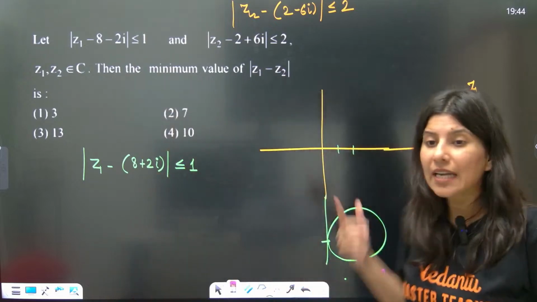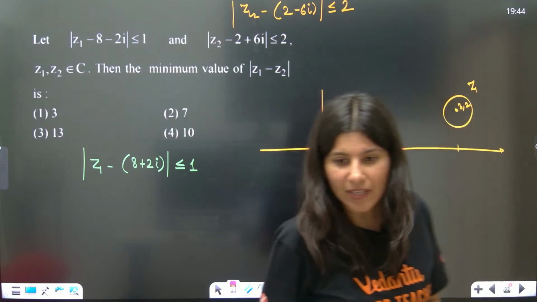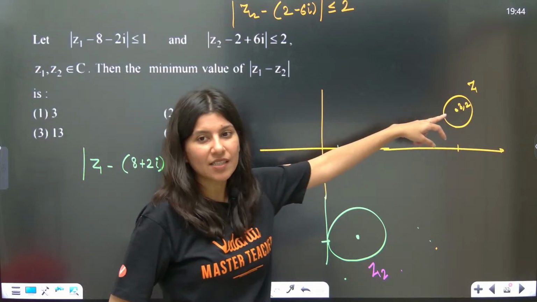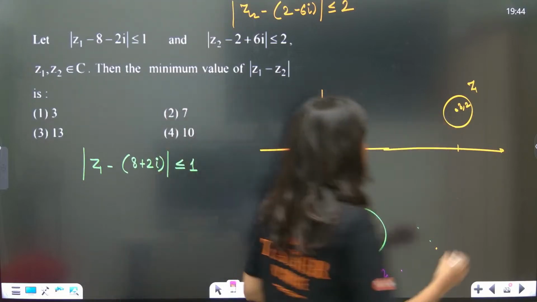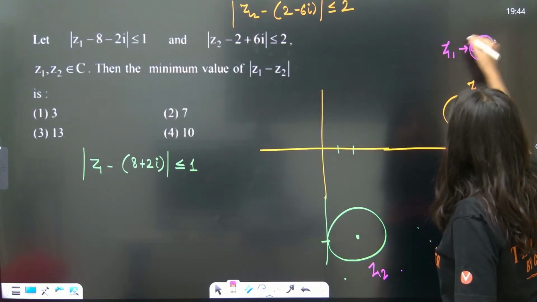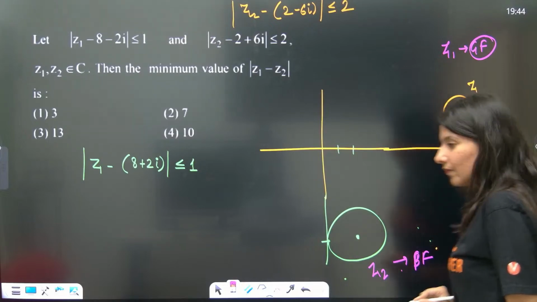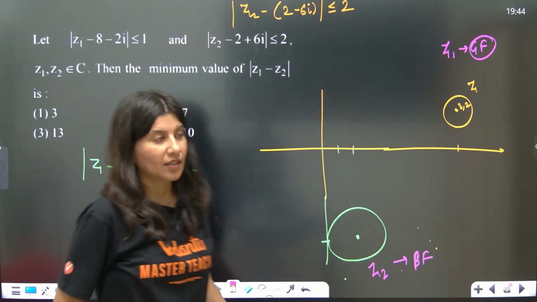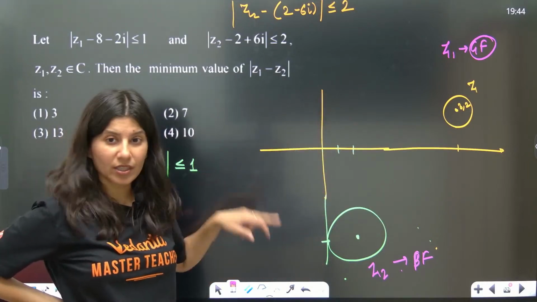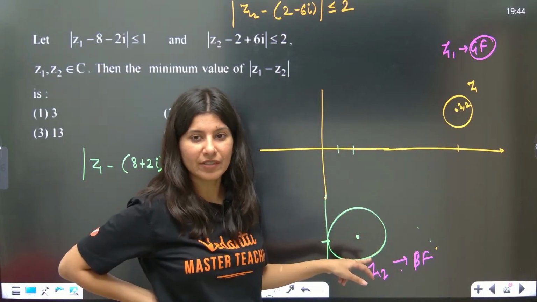Now Z1, you're looking for minimum distance. Imagine that Z1 is the girlfriend and Z2 is the boyfriend. This is the house of Z1, this is the house of Z2.